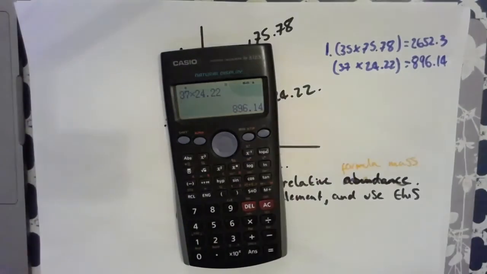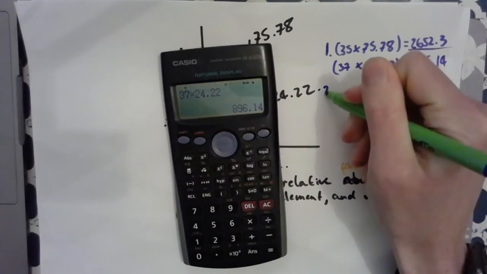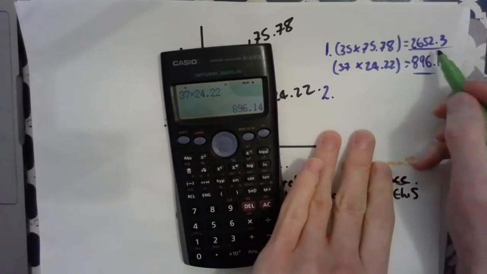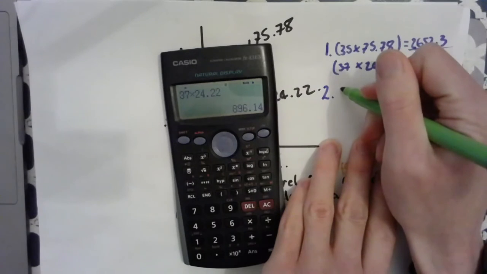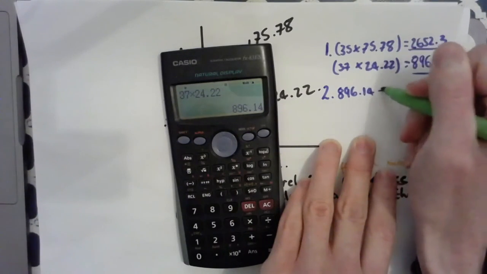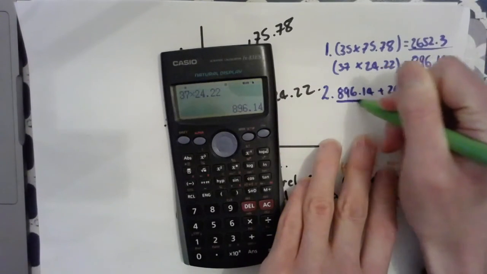Okay, you've got those two numbers there. They look a bit big and a bit scary. General advice in A-levels, probably the same in GCSE, is try not to round your answers until you do the final calculation, so keep them all as ugly numbers with lots of decimals until the very end. And our second step is to add these two numbers together and divide by 100.